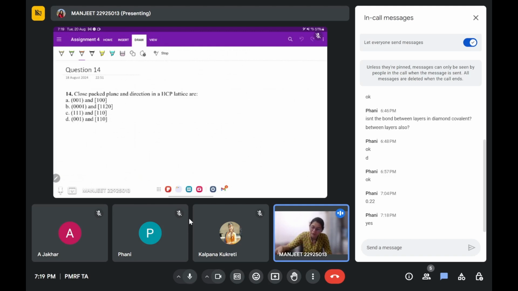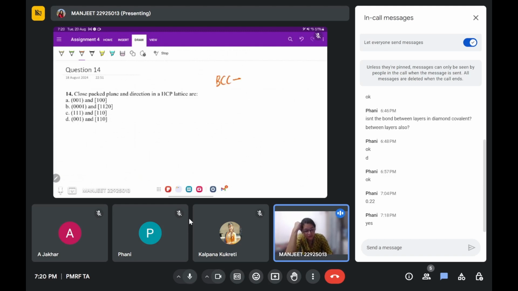Tell me what will be the close packed plane and the corresponding direction, that is, the plane with the highest packing fraction, and which direction is closely packed in the case of the FCC. Here in the HCP it is asked. In the last class we discussed the BCC one. Let me remind you.